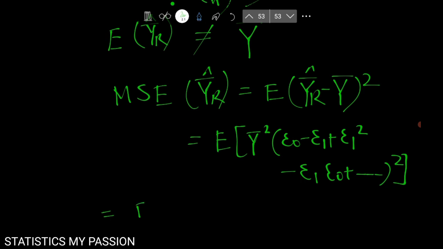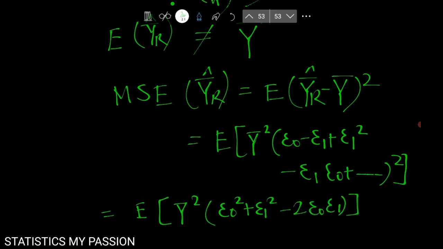Now the expectation of y bar square times epsilon 0 square plus epsilon 1 square minus 2 epsilon 0 epsilon 1.